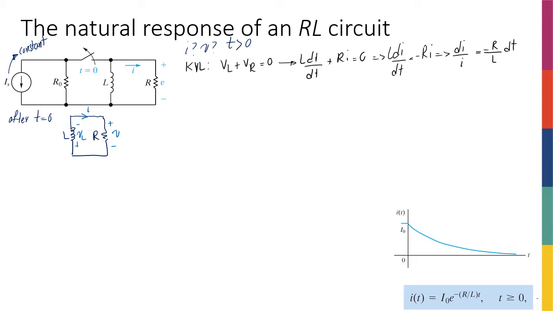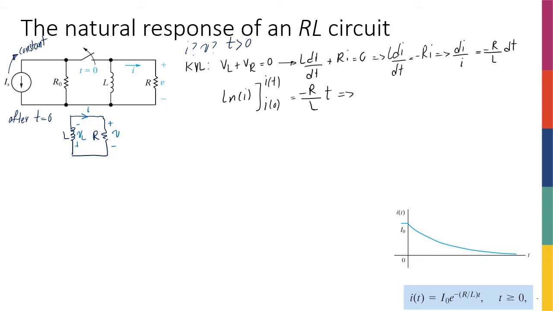So 1 over i, if I want to take the integral, I'm going to get ln of i, and it's from 0 to t, so it's going to be from i of t to i at 0. This is equal to negative R over L, which is a constant, times dt. Well, the integral of dt is just going to be t, right? It's a constant, so the integral is going to be just t.